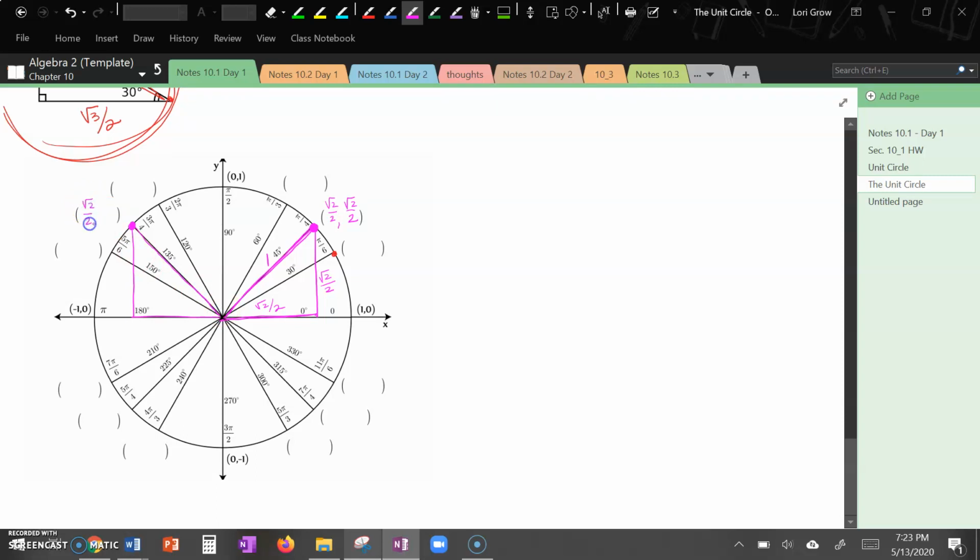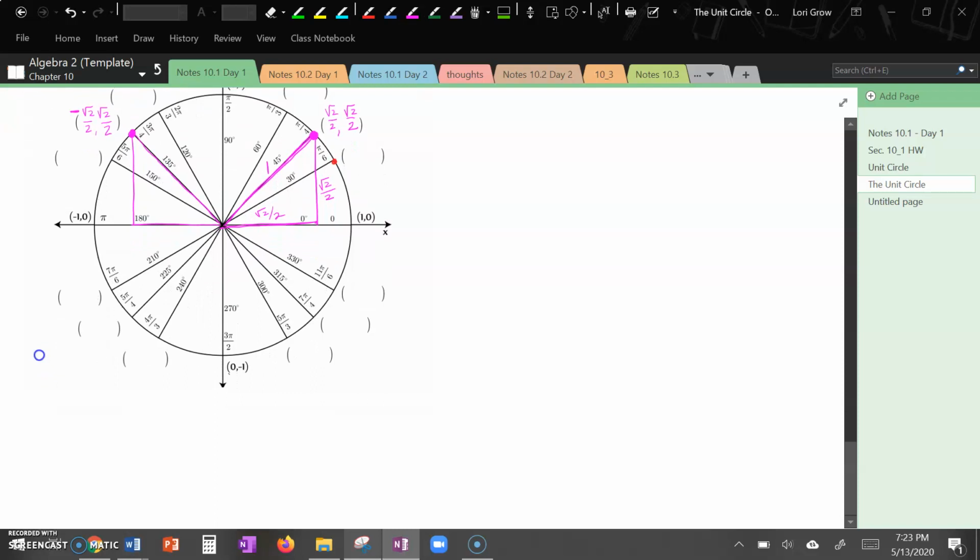But if I'm looking at it in terms of the X and Y axis, I'm going to the left, and we all know that that would be a negative X value. So the only thing that changes on this is that the X value for this coordinate is negative.